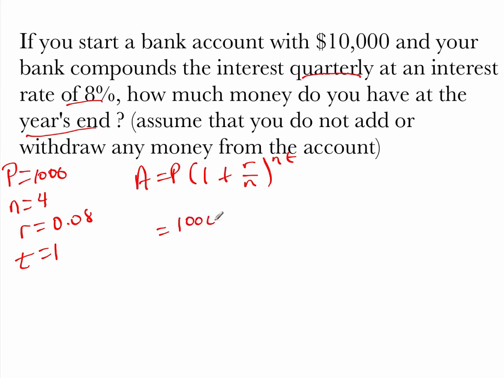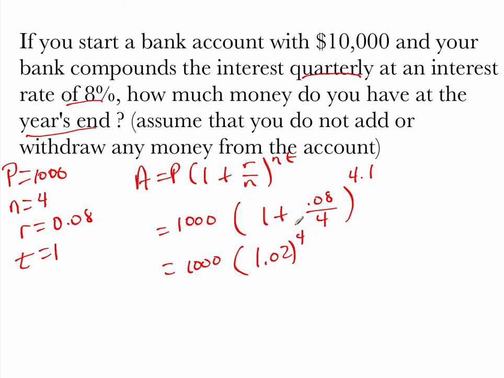So this is 1,000 times 1 plus 0.08 divided by 4, to the 4 times 1. So this one is 1,000 times 1.02 to the 4th. So this answer, with my handy dandy calculator, gives me $1,082.43.